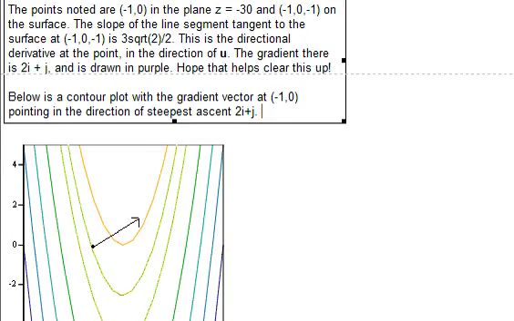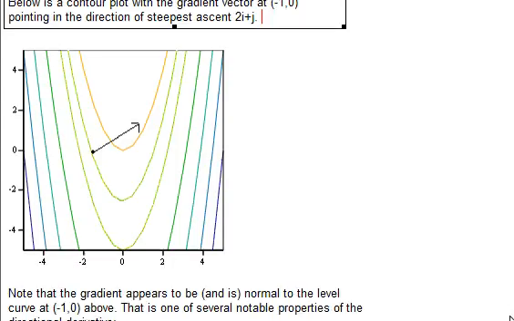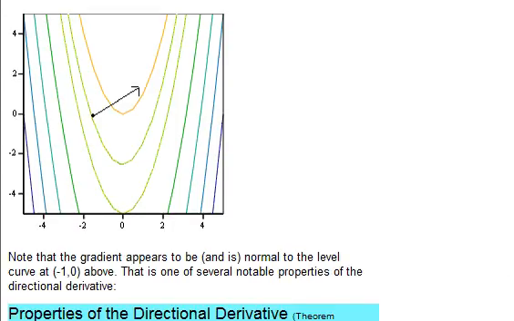I did my best to draw that in there. And I want you to notice that at that particular point, the gradient vector is orthogonal to the level curve. Pretty cool. That's one of the properties of a directional derivative.